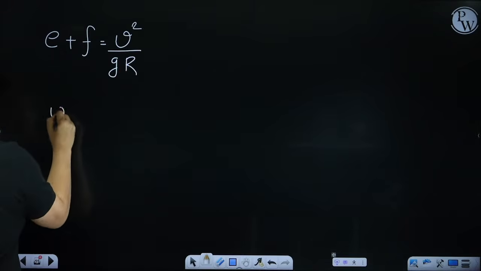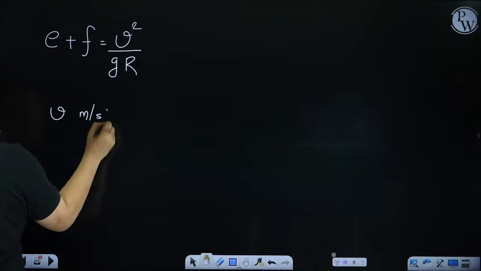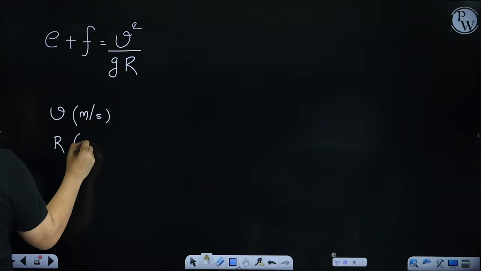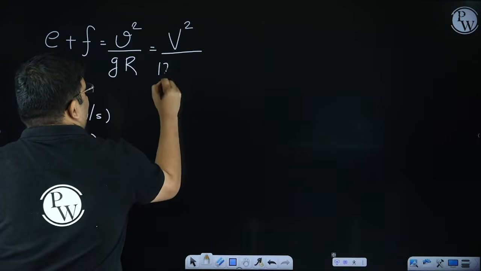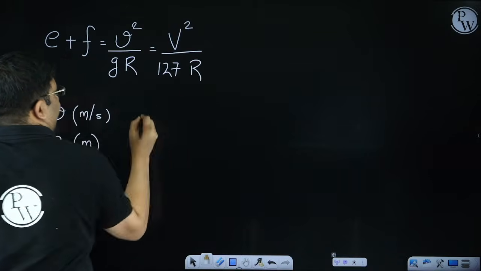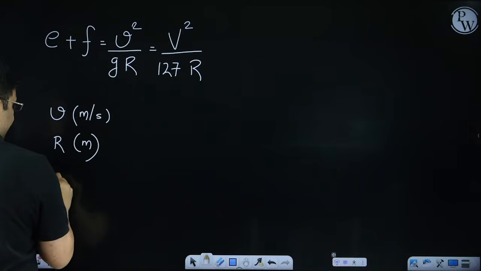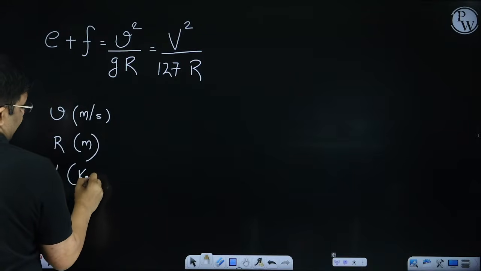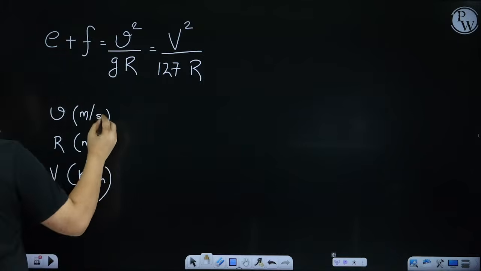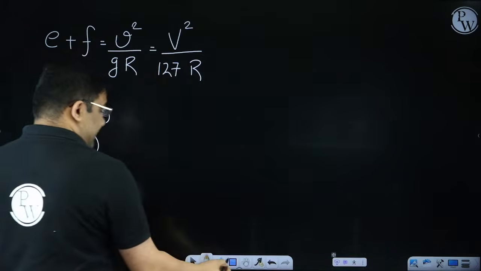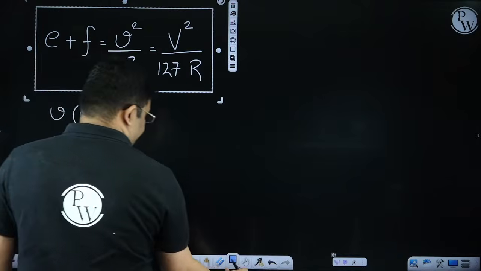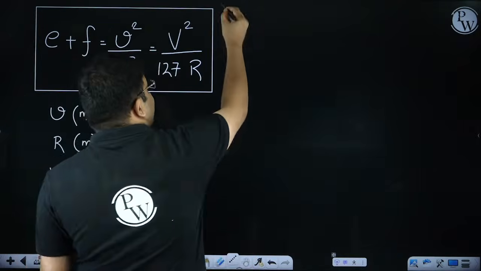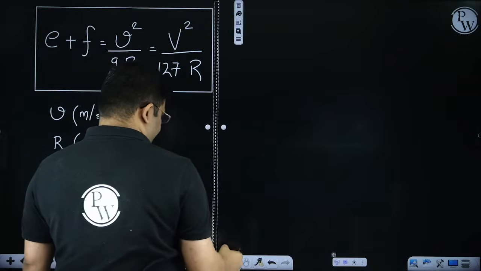This small v is in meter per second and radius is in meter, or I can write this as capital V square by 127R, but R still remains in meter, and this capital V is in kilometer per hour. Either using this equation or this equation, you will get the same value. So this is the equation of the super elevation.